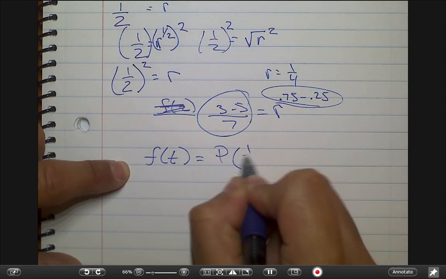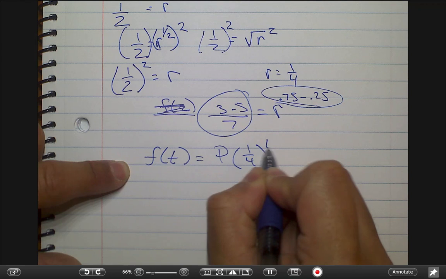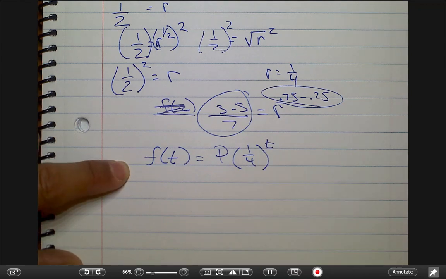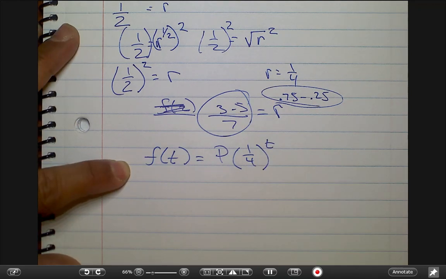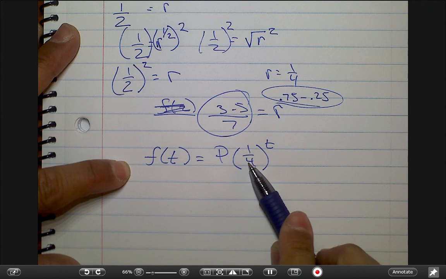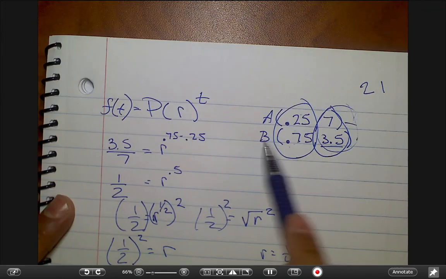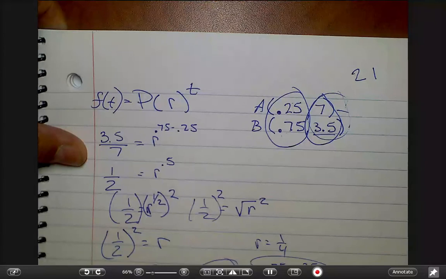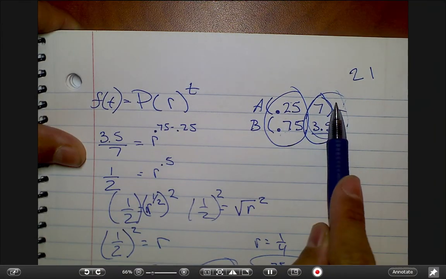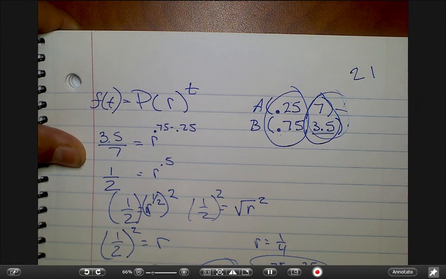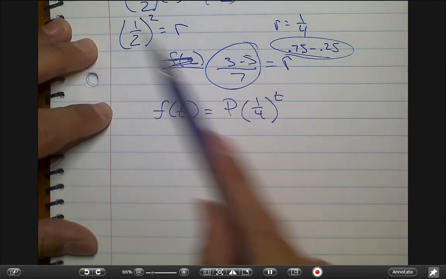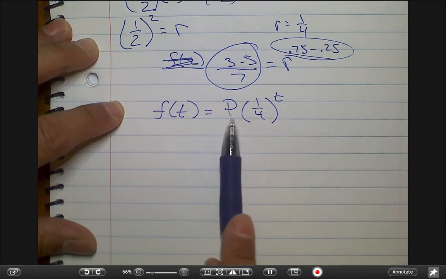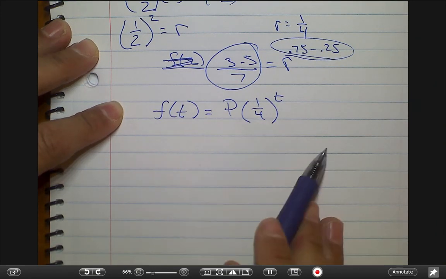My R is 1/4 raised to whatever my time. Now I have the R, and I can use either one of these points here. So I'm going to use the first point, because you could use either one. All that math right there was to find my R if I don't have the P.